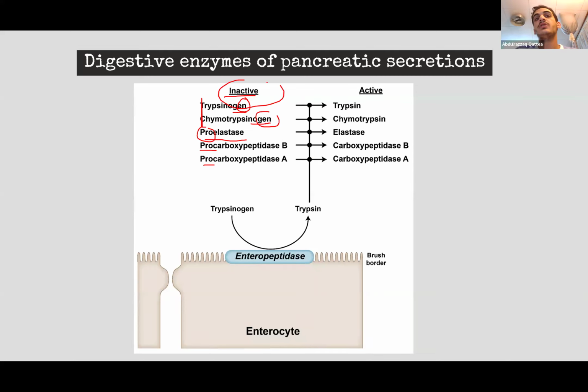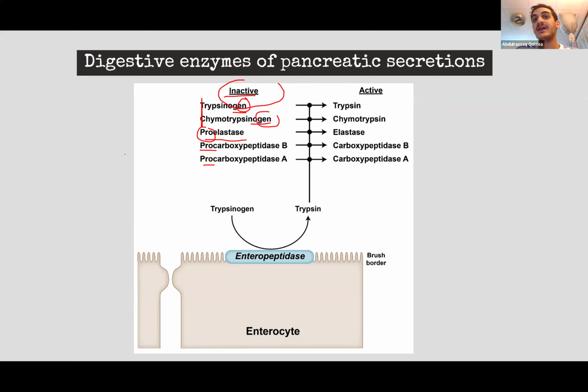Now, what's the point of secreting these enzymes in inactive form? Simply because the pancreas can digest itself. So we need these enzymes to be inactivated because the pancreas is mostly lipid.